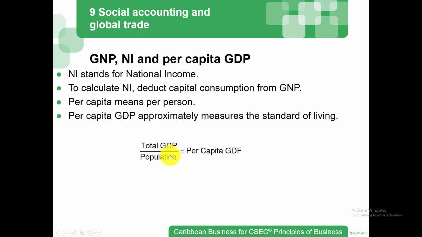Per capita approximately measures the standard of living. How? Why? They say that you can measure the standard of living by using per capita. If you go through some of the stats, even on Wikipedia, you'll see certain countries are rated by their per capita, and that tends to measure the standard of living.